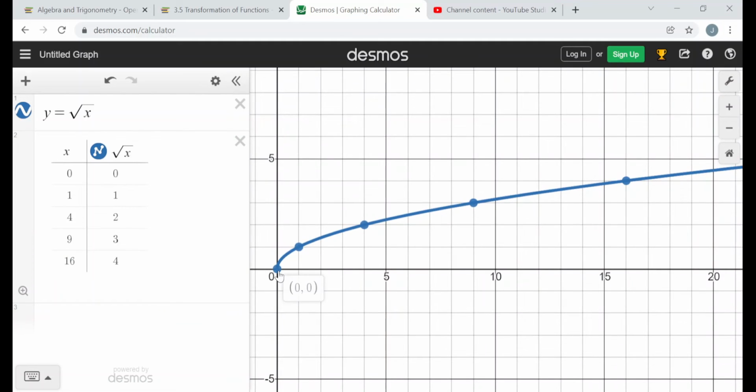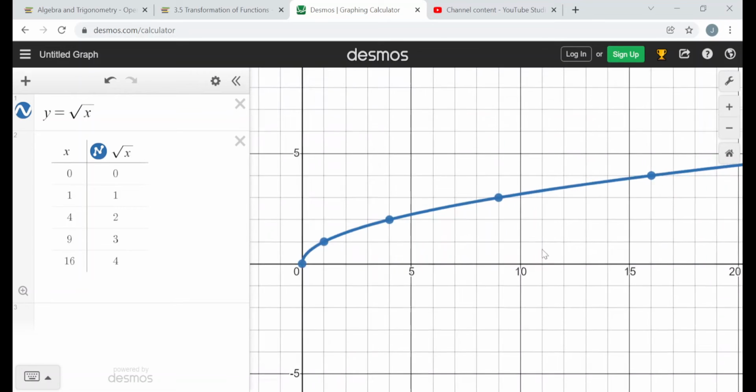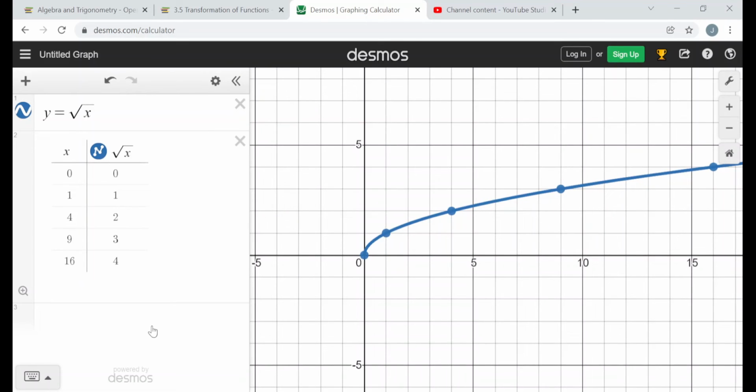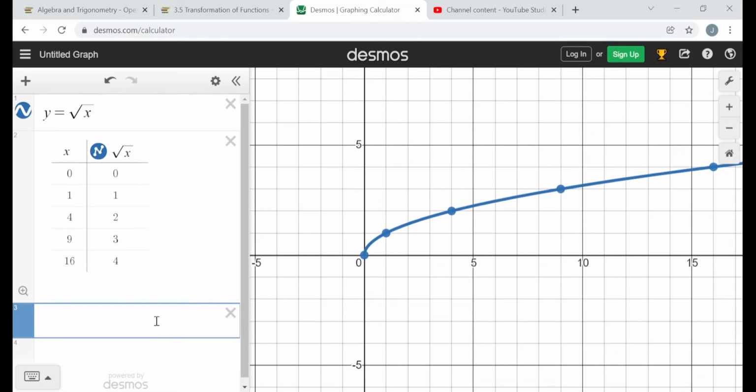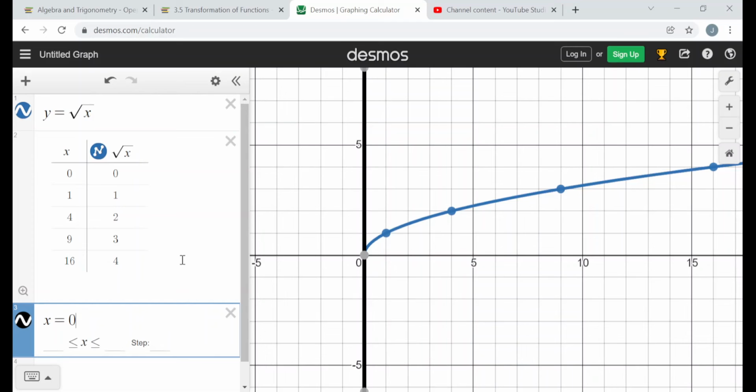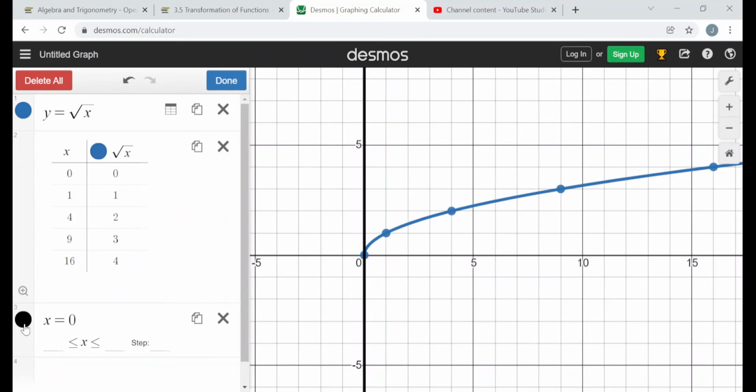So there's a table, and now a bunch of points are plotted. You see 0, 0, you see 1, 1, you see 4, 2, 9, 3, 16, 4. And I'll even put the y-axis up so we know where it is. That's x equals 0, a vertical line. Maybe I should make it dashed, because it doesn't actually belong to the graph here.